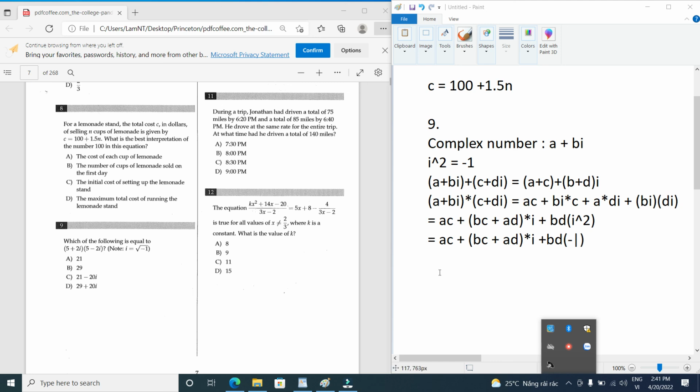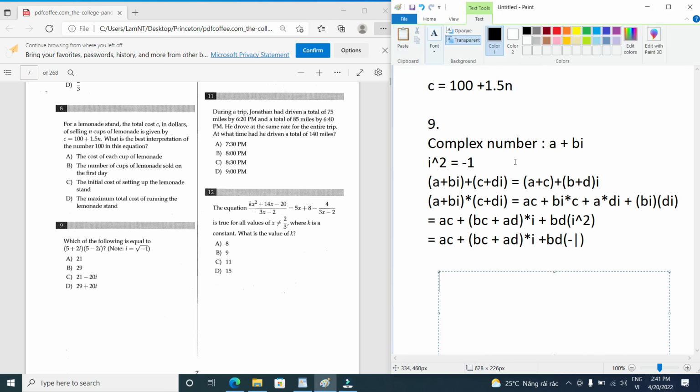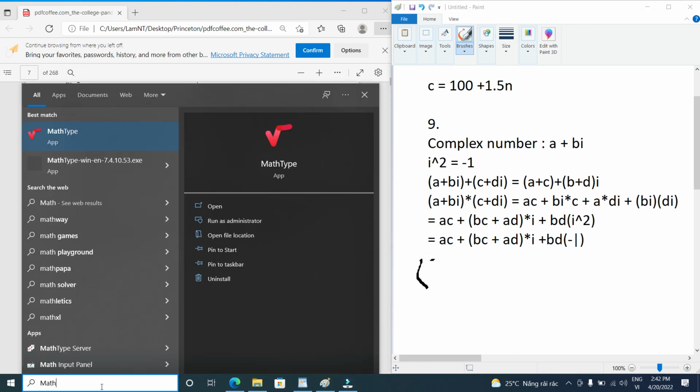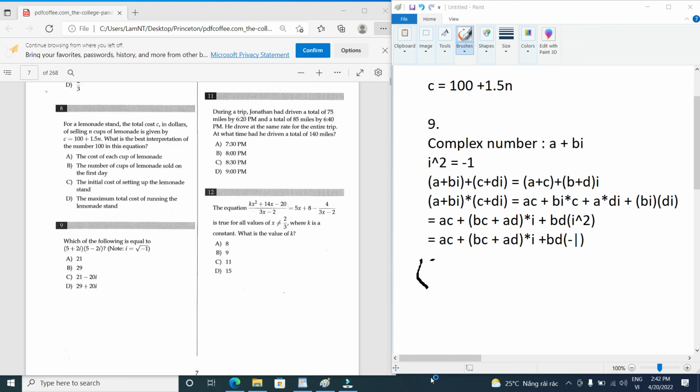So let's apply it. My computer is a little broken, so let's do it by hand. Just give me a little bit. I want to finish this one real quick.